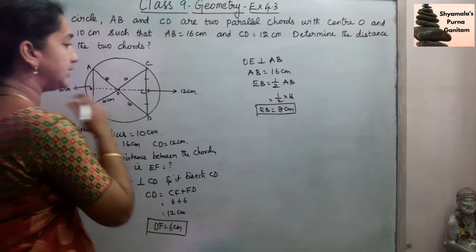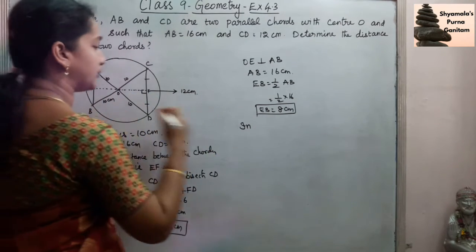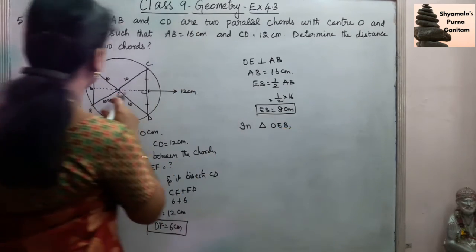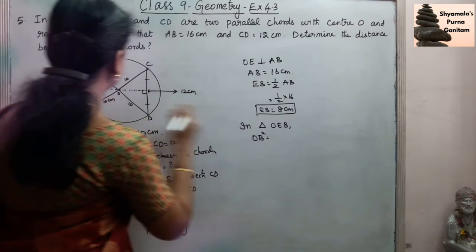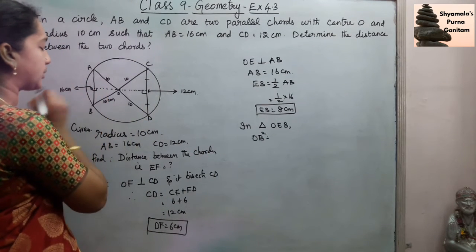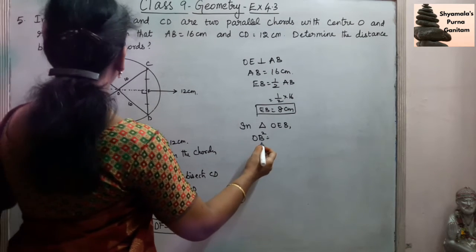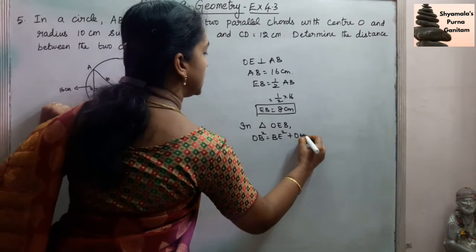Now we will find the length of OE. In triangle OEB, OB squared, that is hypotenuse squared, is equal to BE squared plus OE squared.